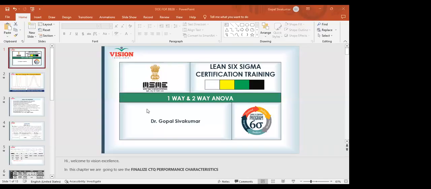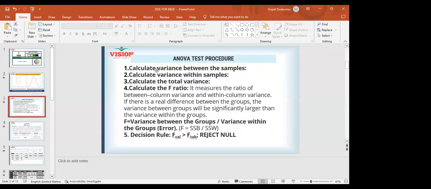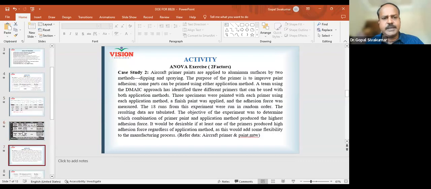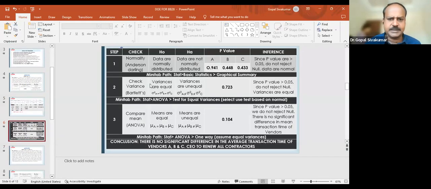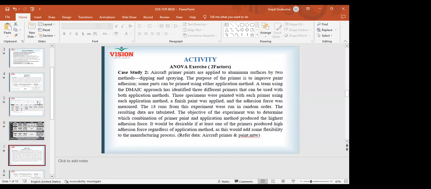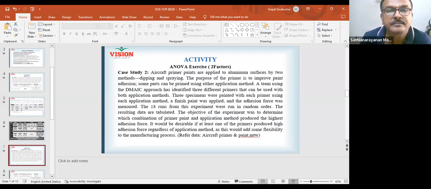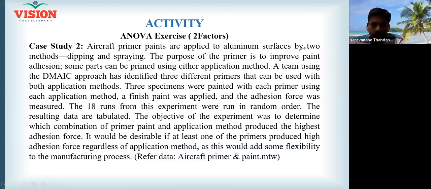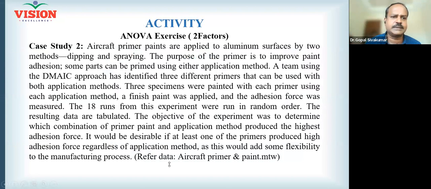All right. DOE. Now tell me, if there is only one factor, will there be interaction? No, sir. For interaction, minimum 2 factors are required. Perfect.